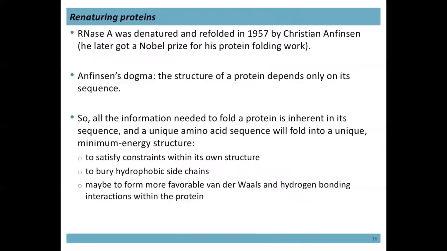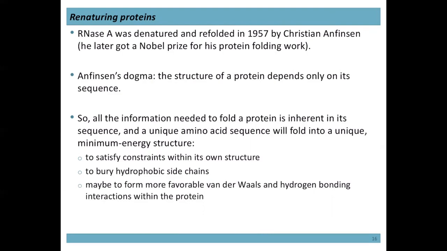And so from this experiment, not only did he get a Nobel Prize, he came up with a dogma, which is just a way of thinking, that the structure of a protein depends only on its sequence. So he says, really, everything you need to know to get to the protein's fold is just in its amino acid sequence. And so a unique amino acid sequence will fold into a unique minimum energy structure.